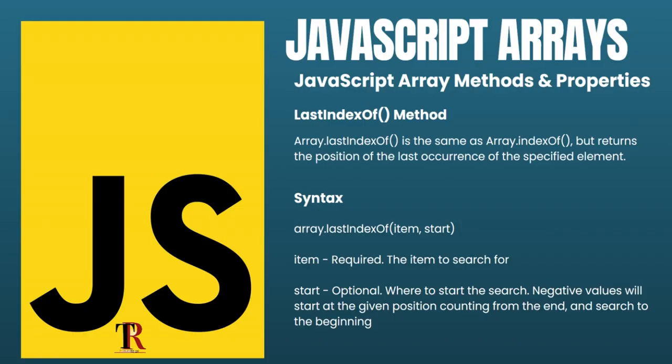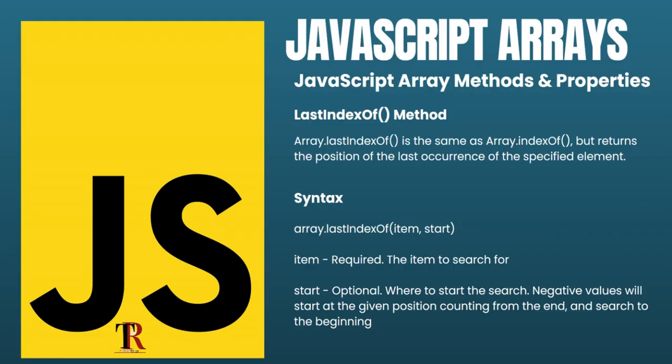Over a couple of lessons, we began to examine each of these methods and properties one after the other to see how they manipulate array elements and produce an output that suits a developer's needs.